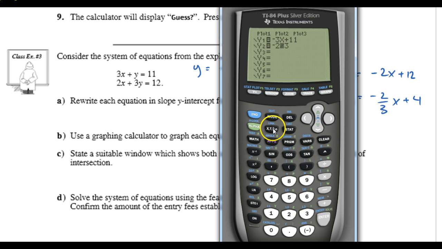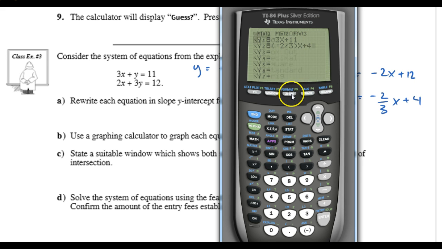I'm just going to go negative 2, put that in a bracket, times x plus 4. So if you have a fraction, just put it in a bracket like that, so the calculator doesn't think that you're dividing by the x if you put it just next to the 3. So always put that in a bracket there.